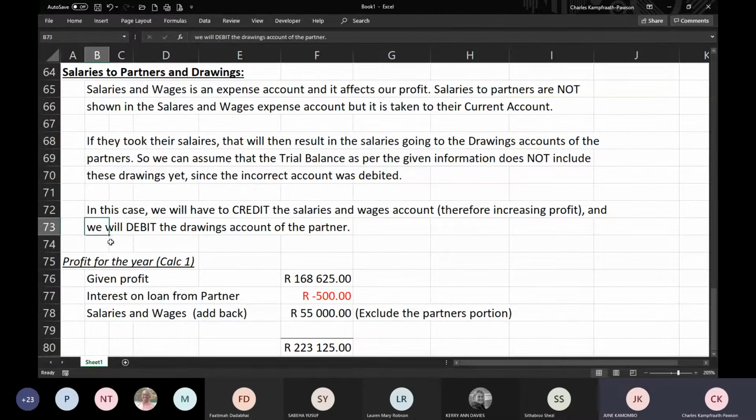And here we say, in this case, we will have to credit the salaries and wages account, therefore increasing profit, and we will debit the drawings account of the partner.